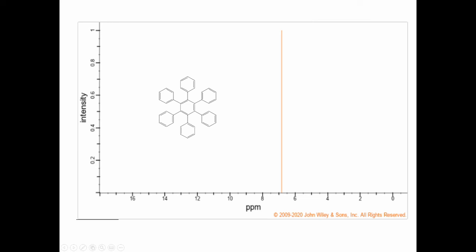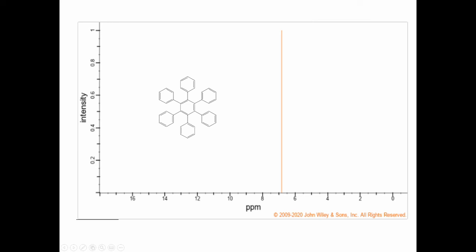Because of the sheer amount of benzene rings, and because all of these hydrogens are pretty much the same, we would only really see this one very strong peak, because we're getting about 30 hydrogens being integrated into this peak.